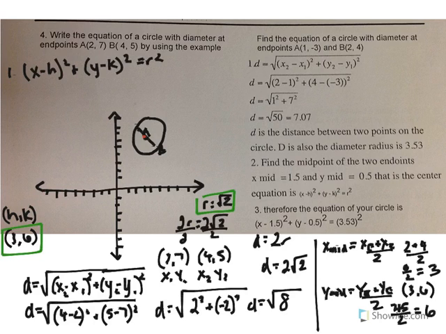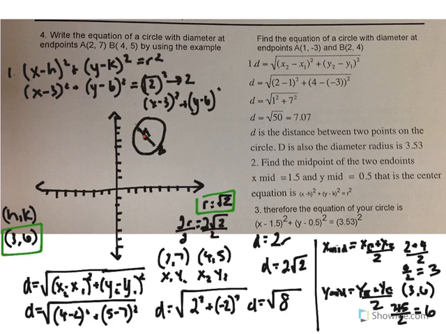And we get x minus 3 squared plus y minus 6 squared equals, the radius is radical 2, so radical 2 squared gives us 2. So we simplify and we get x minus 3 squared plus y minus 6 squared equals 2. That's it.